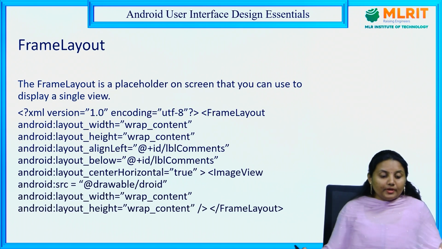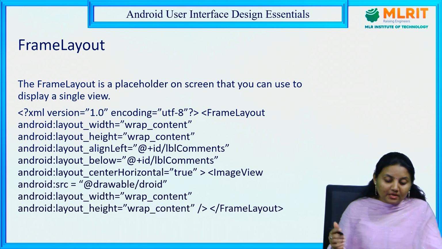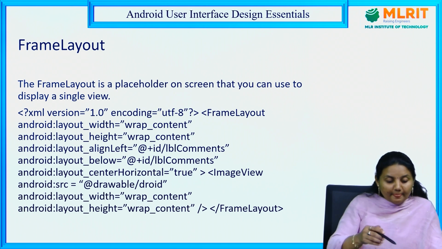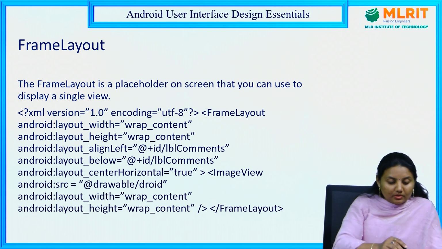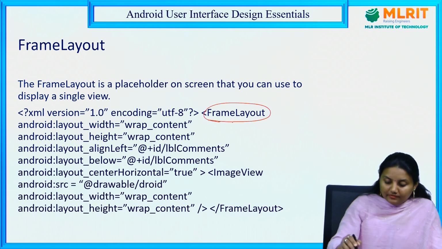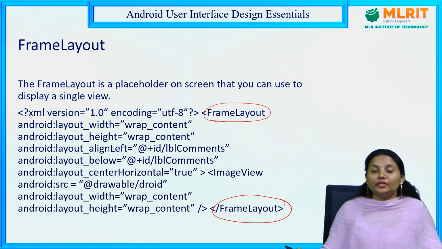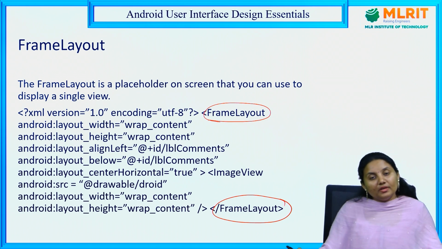Okay. Frame layout. Frame layout means whenever you want to make a placeholder on the screen, that means a single view, then we will make use of this frame layout. XML version, then frame layout, again we are using the frame layout. And here the thing is, if you know the different types of layouts that you have, the same layout name we will be using in the code.